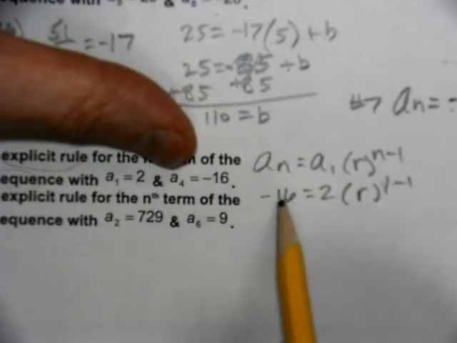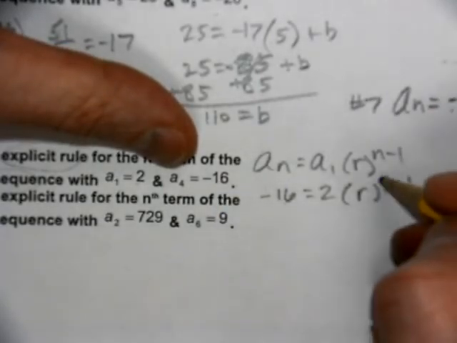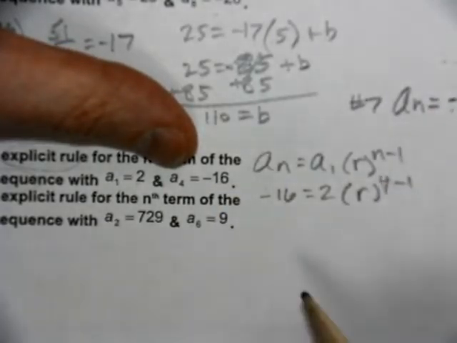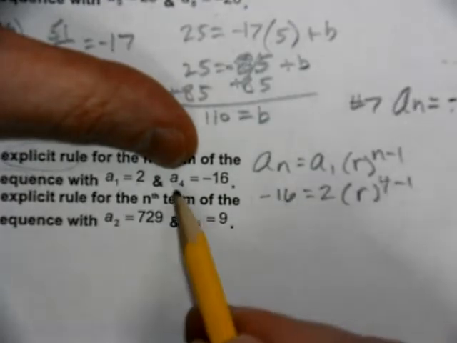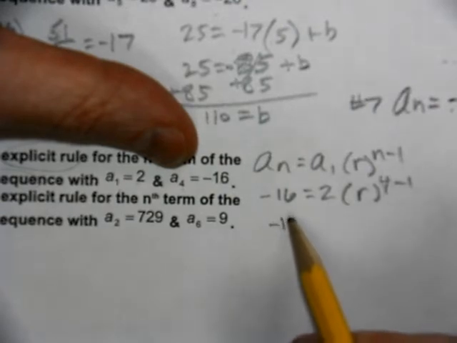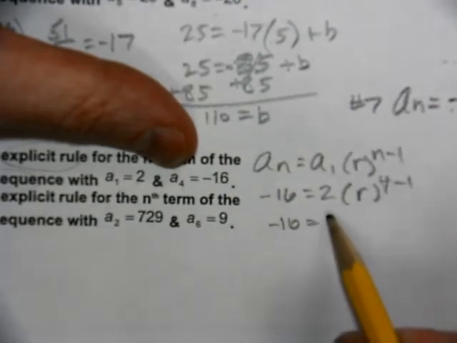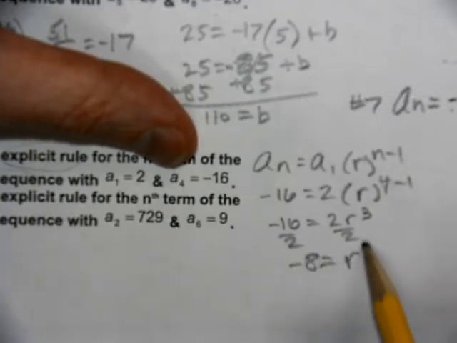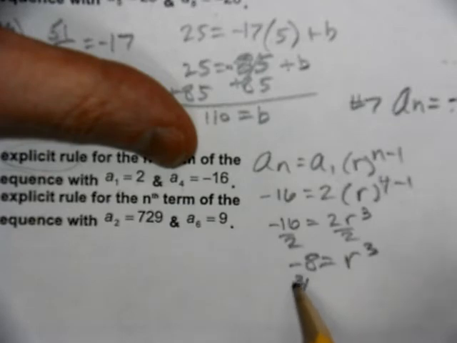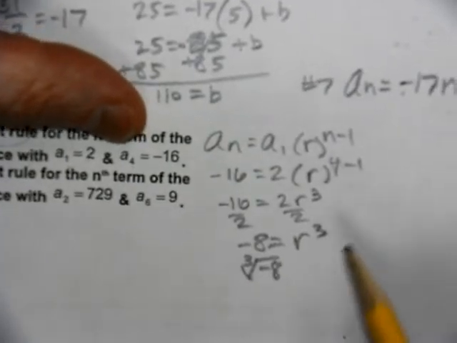Let's see, we're plugging in our -16, so this would be a 4. So our n is 4. So -16 equals 2r to the third. We'll divide by 2. Gives us r cubed equals -8. We'll take the cube root of -8.